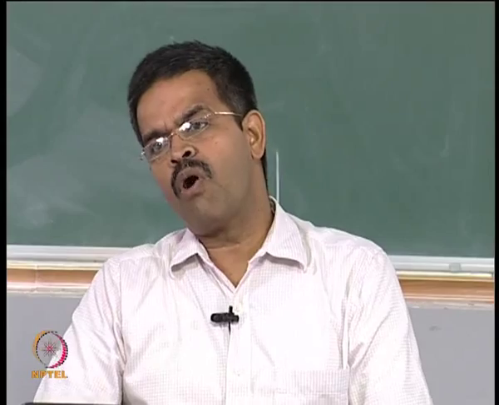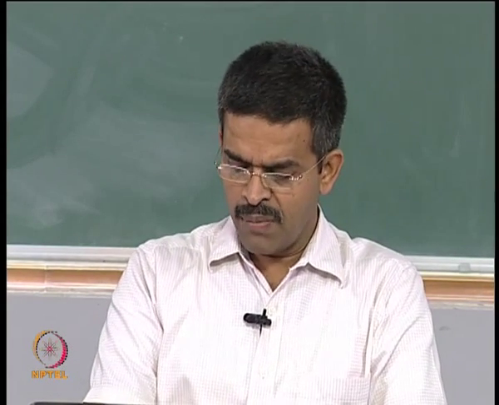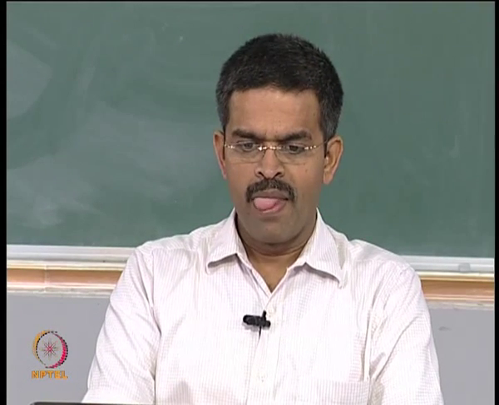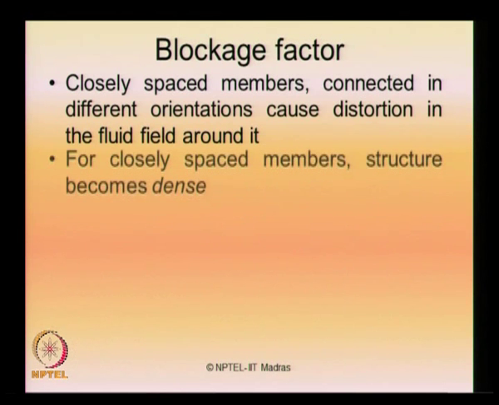There is something called a blockage factor which is very important in the design, an important aspect and outcome of FSI. As we saw, closely spaced members interfere with FSI. Closely spaced members connected in different orientation cause distortion in the fluid flow in its vicinity.